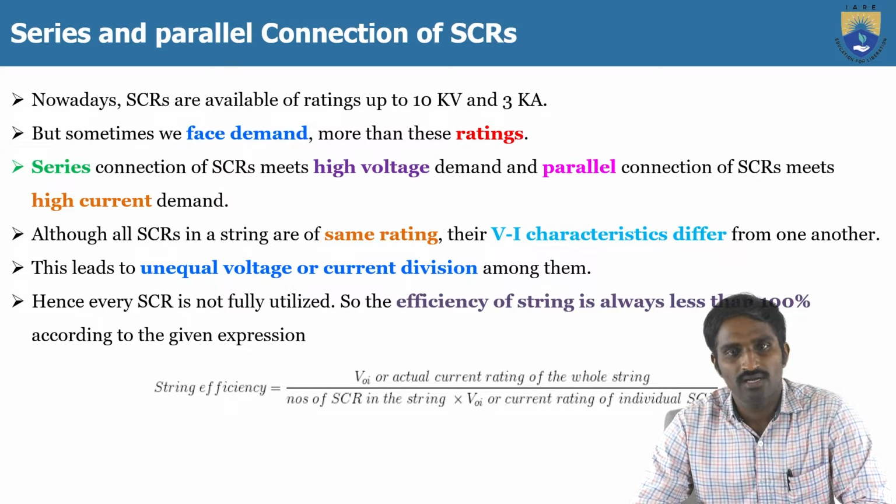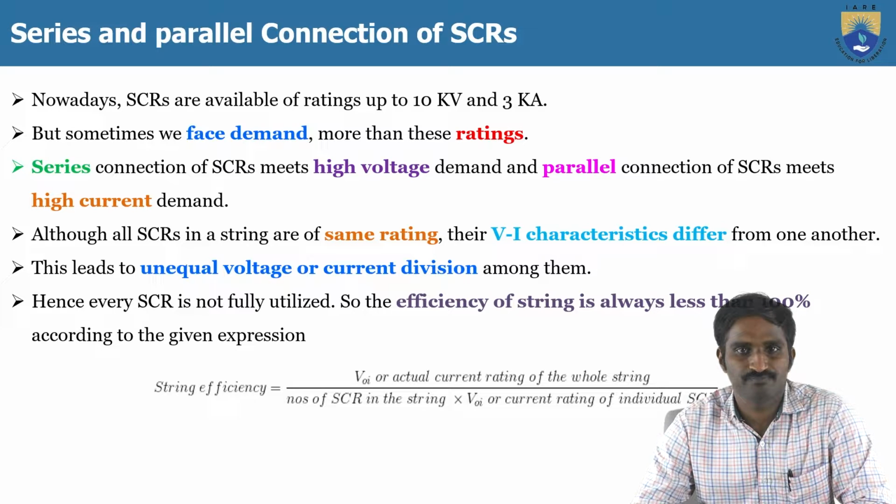Here I have just mentioned the string efficiency. The string efficiency is based on whether the SCRs are fully utilized or not. If they are fully utilized, the string efficiency will be 100, and if they are utilized up to 70% of their capability, then the string efficiency is 70.